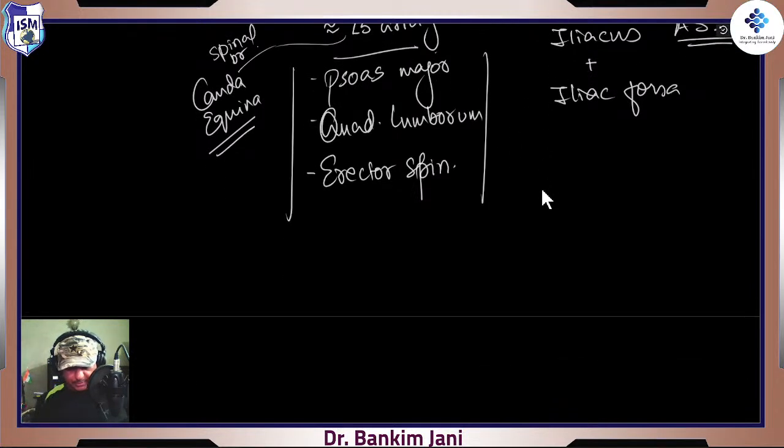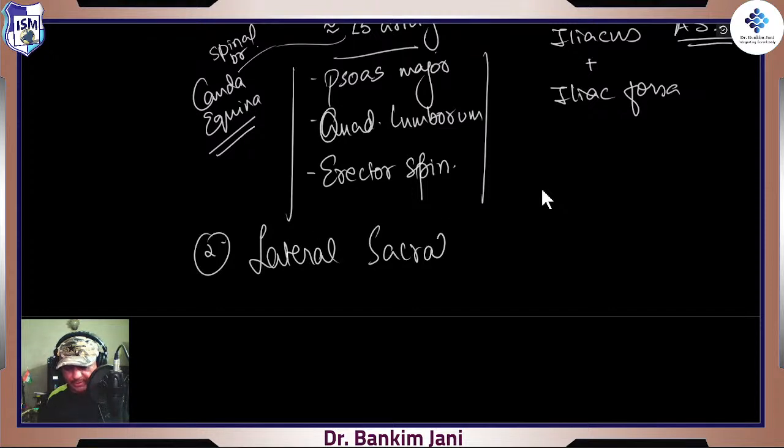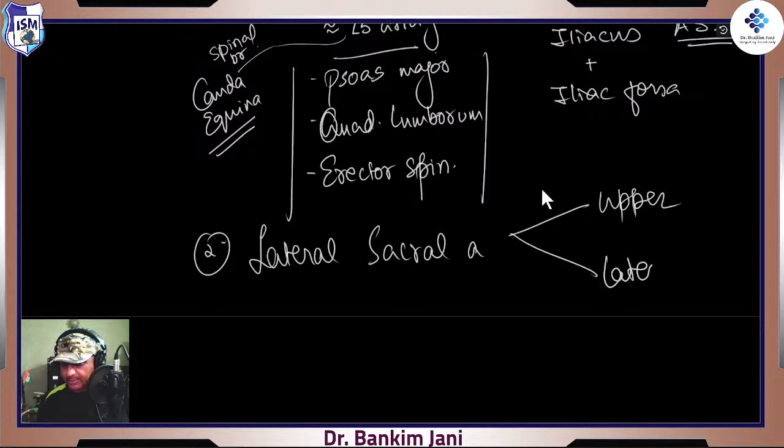This iliolumbar is just in front of the sacroiliac joint, because going posteriorly, the next artery over here was the lateral sacral, correct? Now lateral sacral artery is divided into two parts, one upper and another lateral. The name is telling: lateral sacral.